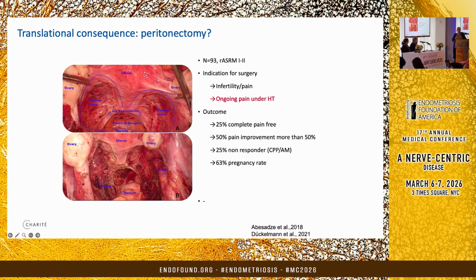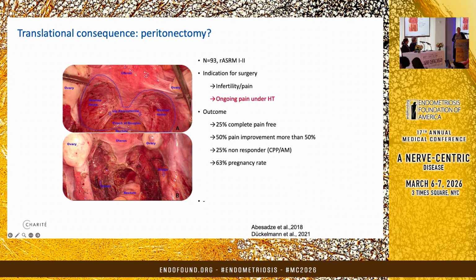We stop the hormonal treatment, and when we see that the patient suffers from pain under therapeutic amenorrhea, I can be relatively sure that the cause of the pain is then the peritoneal lesion. So we started to remove the peritoneum completely. We did a peritonectomy like this.